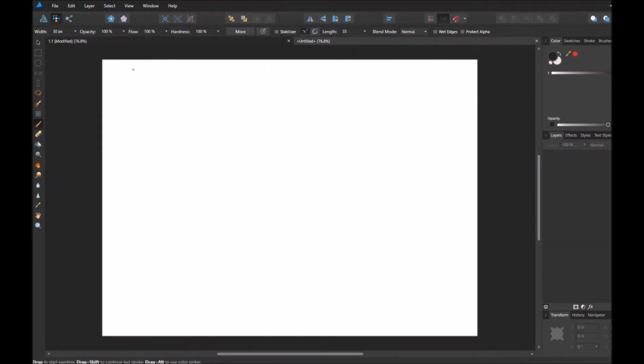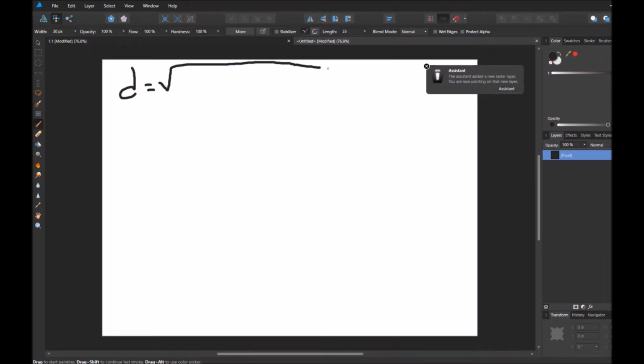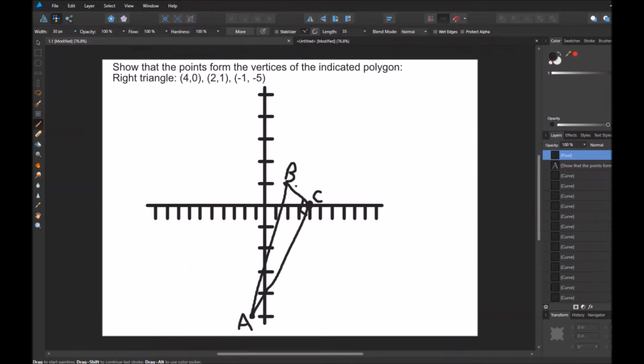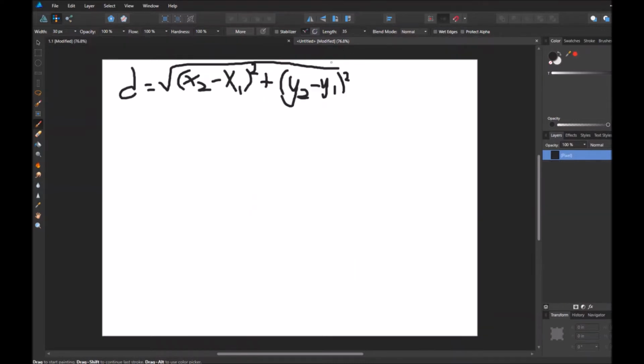So our distance formula, if you don't remember, is D equals the square root of x2 minus x1, and all of that is going to be squared, and that's going to be added to y2 minus y1, and then that's going to be squared. So in this case, our x2 and y2 are 2, 1, and our x1 and y1 are -1, -5.